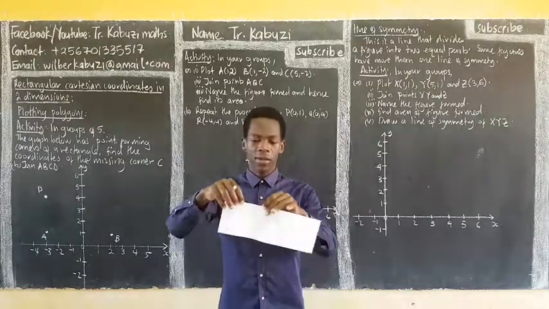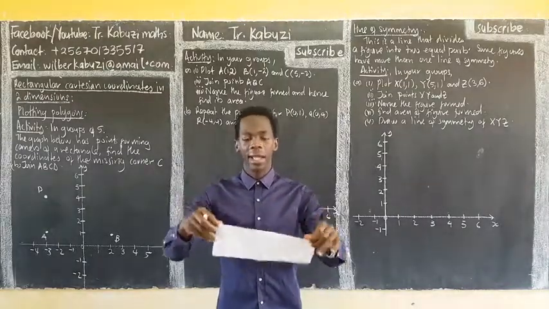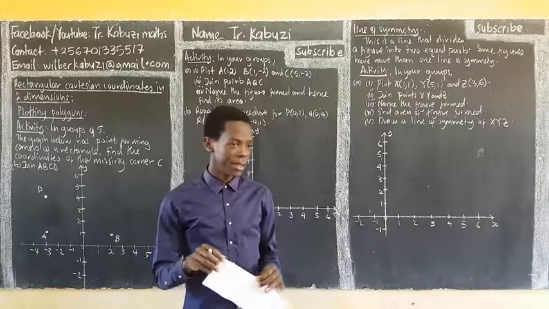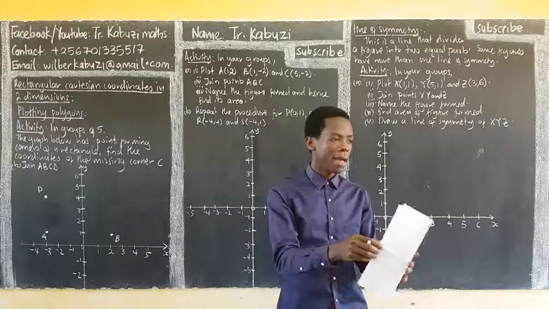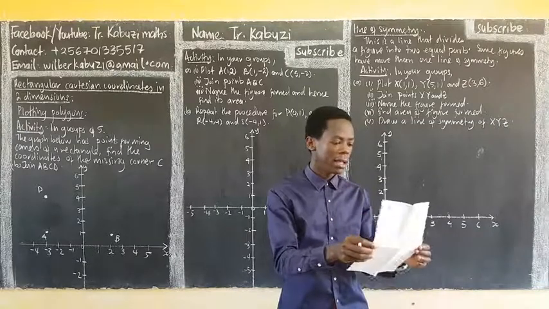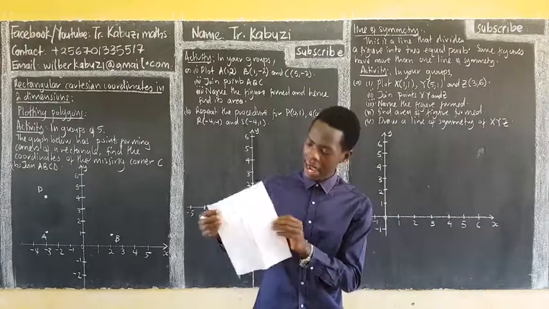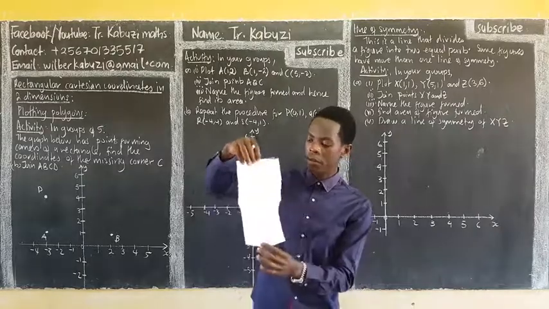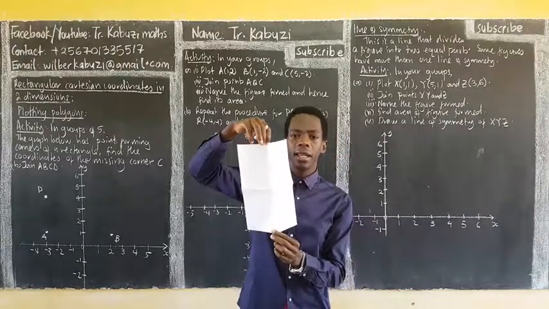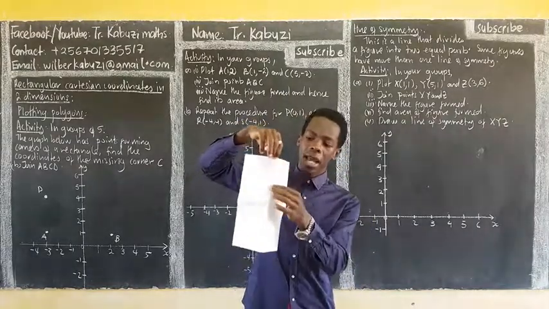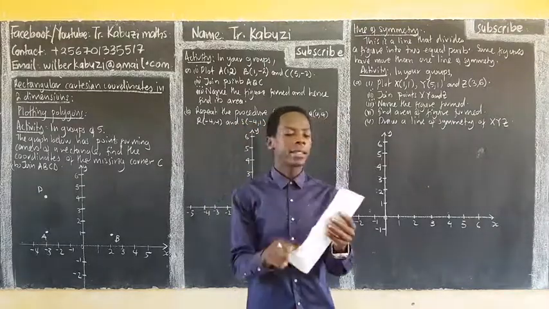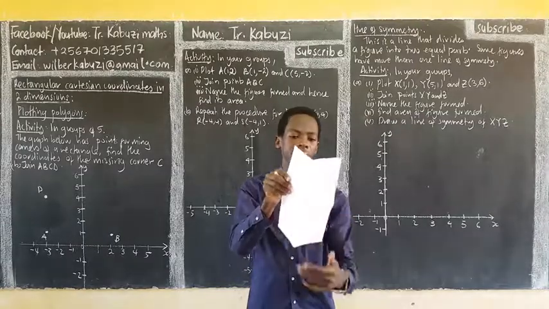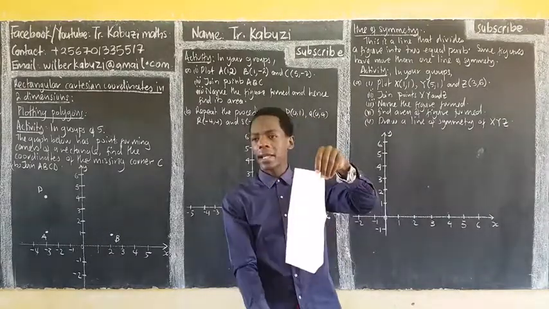Now unfold it. Are you seeing that line now from up to down? Now this is also a line of symmetry. Why? Because you see it divides this into 2 equal parts. This part is equal to this part.